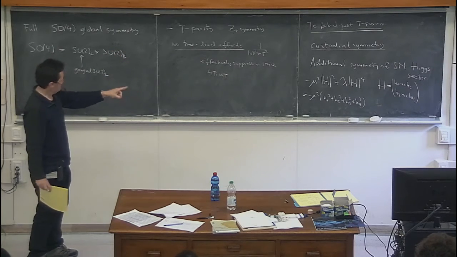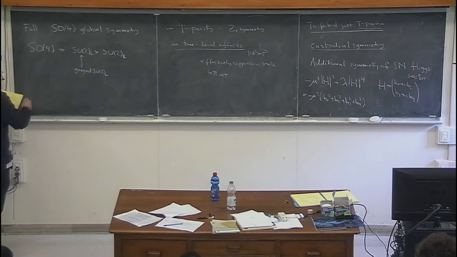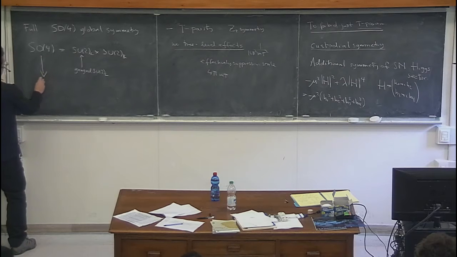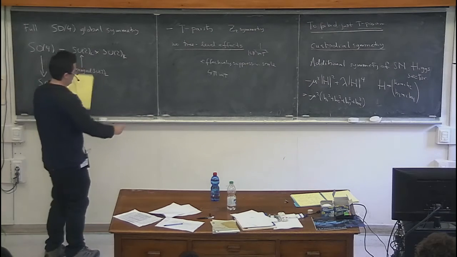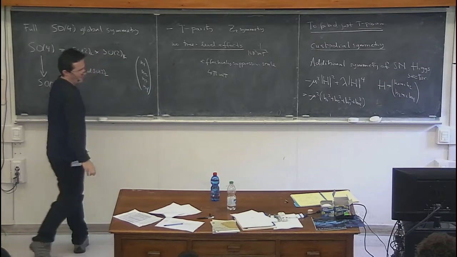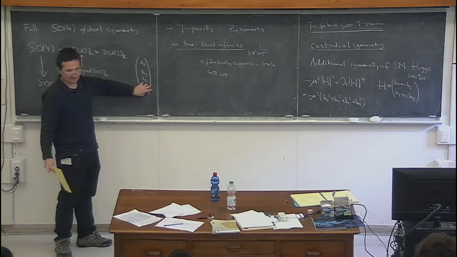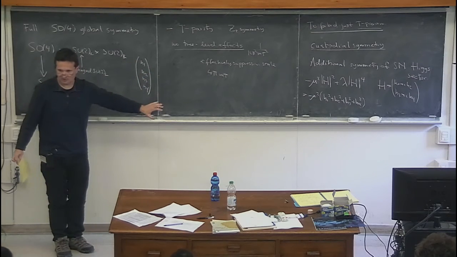Or another way to say it is that the symmetry breaking pattern of the standard model is that you have this SO4, and that one is broken down to an SO3, because if I think of the Higgs in terms of this H1, H2, H3, H4, four-component vector of SO4, one of these is going to get a vacuum expectation value, so the SO4 is broken to SO3.